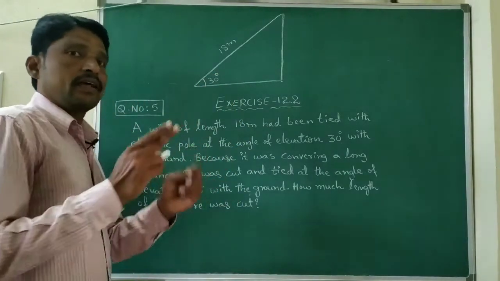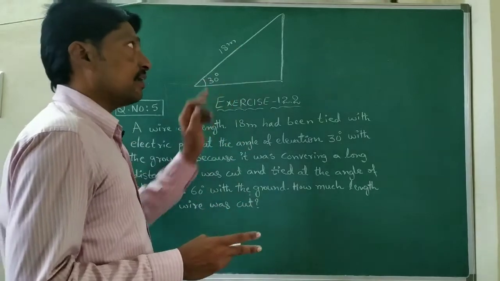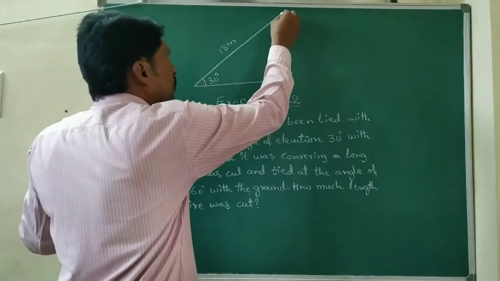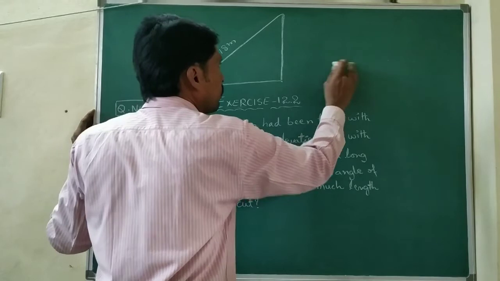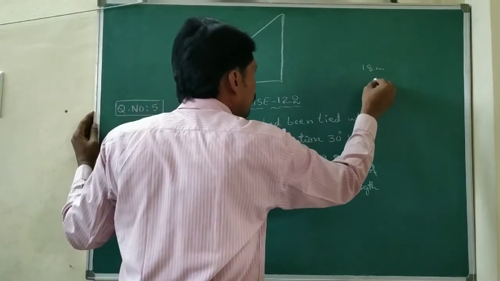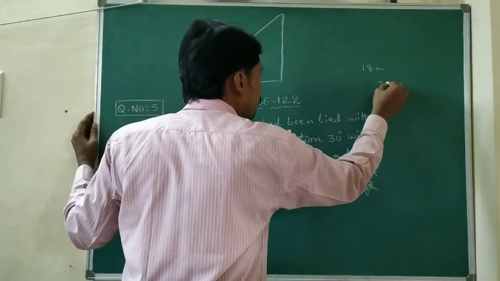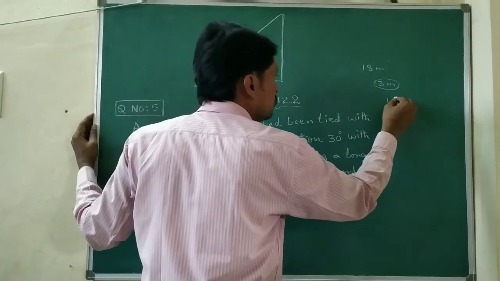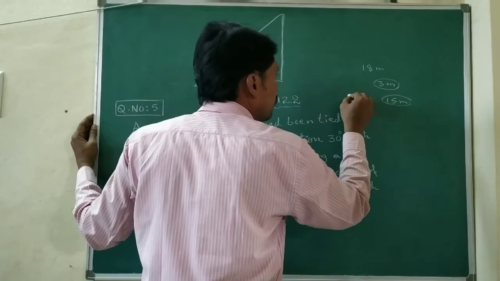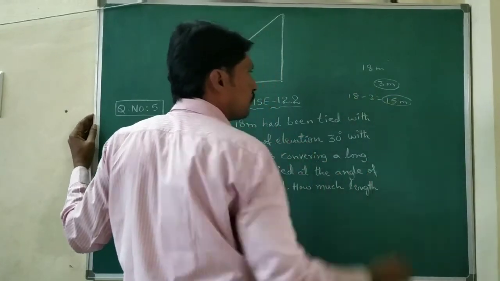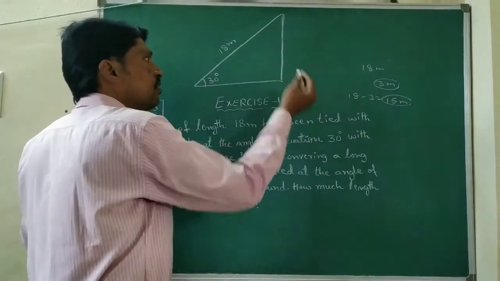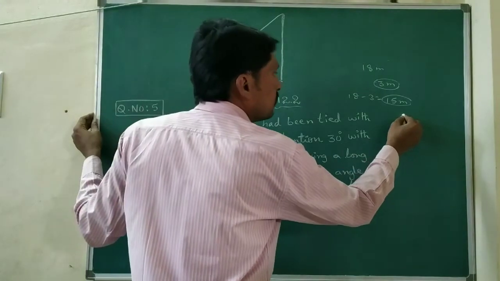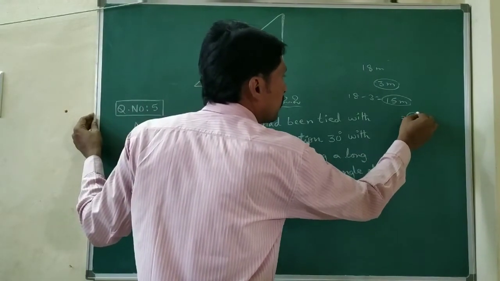After that they cut the wire. How much did they cut? For example, if the cut wire is 3 meters, the remaining wire is 18 minus 3 equals 15 meters. How much they cut, we don't know, so we take it as x.